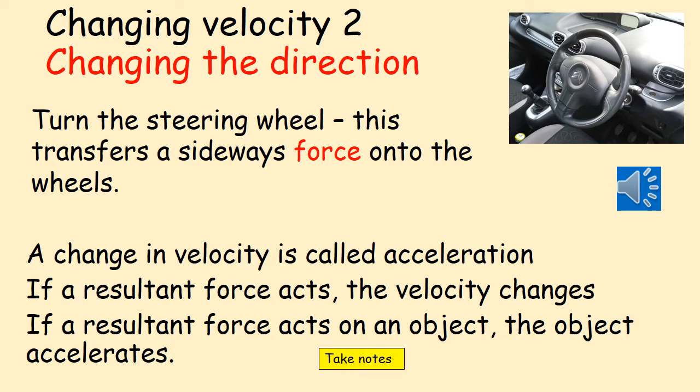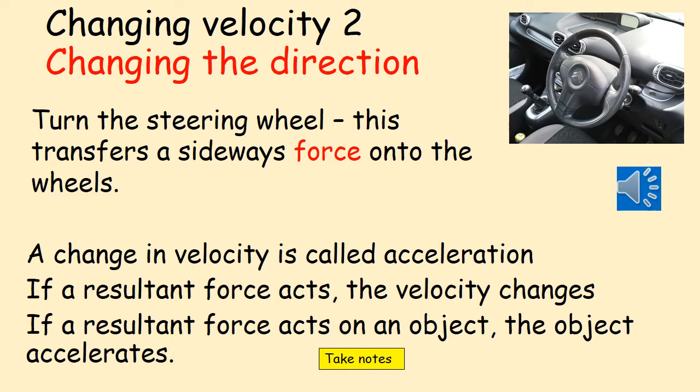Now, if a resultant force acts on an object, the velocity of that object will change. So if the object is standing still and a resultant force acts, that object will begin to move, which means its velocity has changed from 0 meters per second to something meters per second.